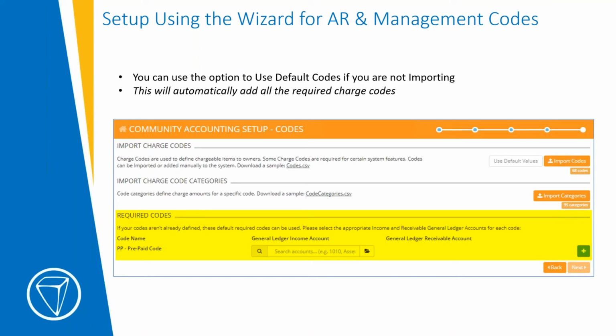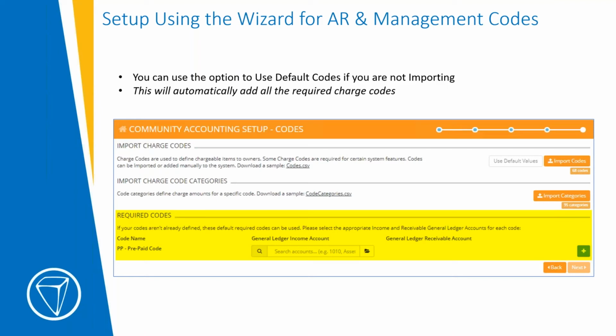It will automatically add all the required charge codes. Now, if you don't want to do that, you could simply come down to the required codes, such as prepaid, click the folder and choose from your chart of accounts which account number you want for your prepaid. But if you use default values, they should all populate. At that point, you can just click next, and those required accounts will pop in.